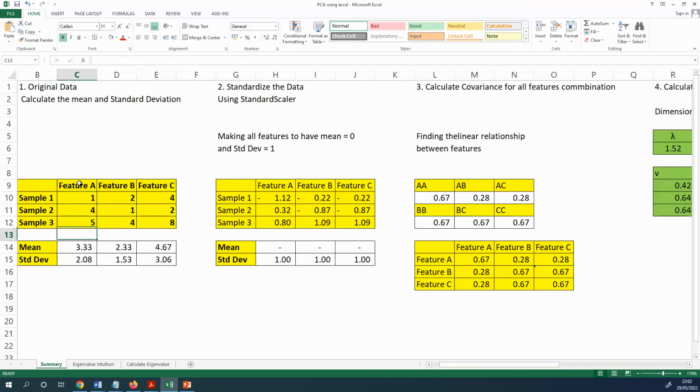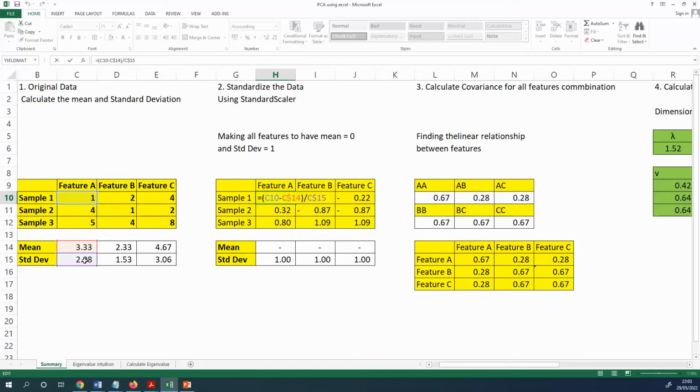So we need to calculate the means of the data, the average of A and the standard deviation of A, also B and C. After that, we need to standardize the data. When we are in Python, we use the standard scaler. Since we are in Excel, we do it like this: the data A minus the mean divided by the standard deviation.